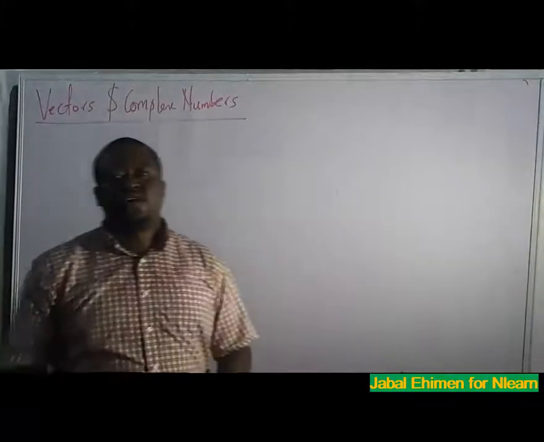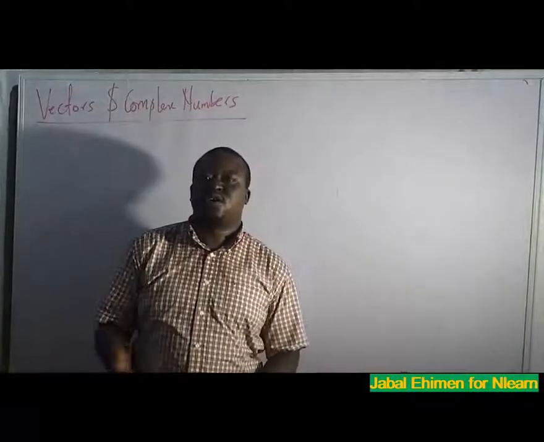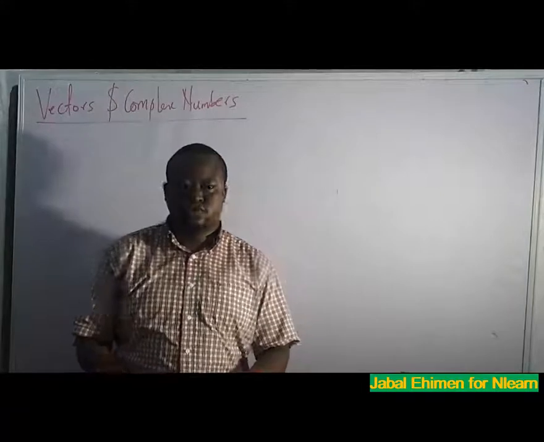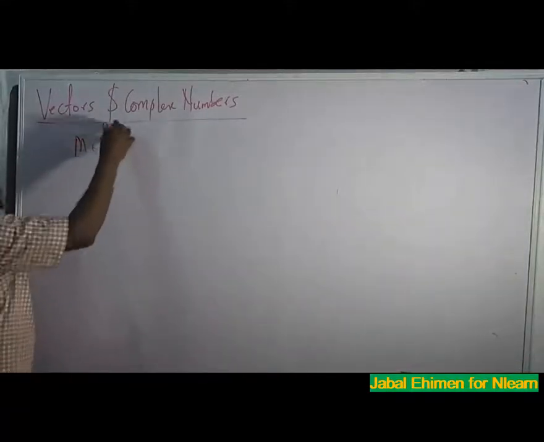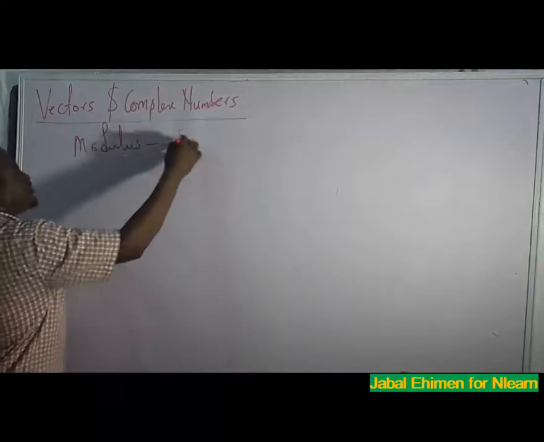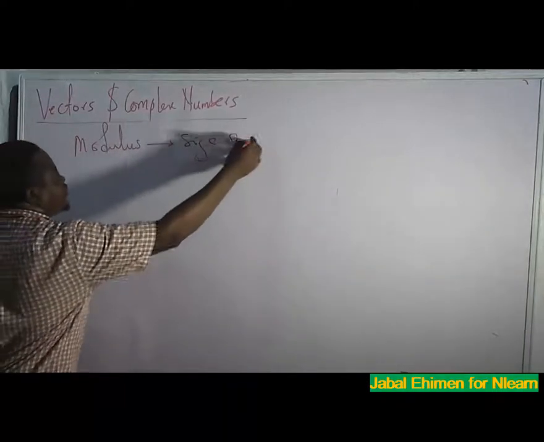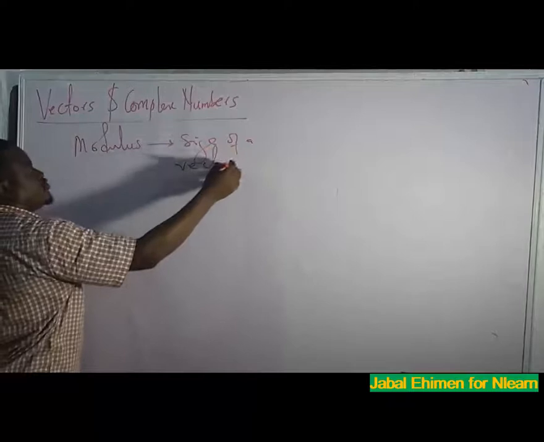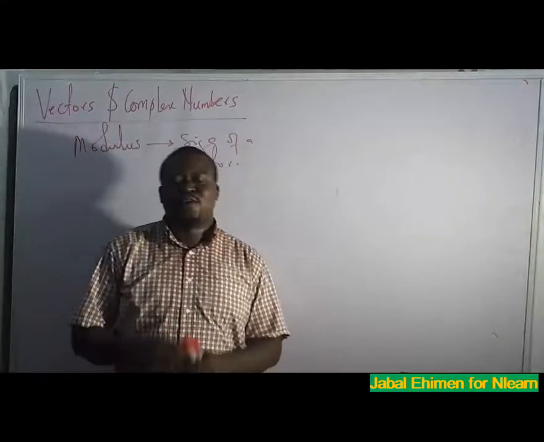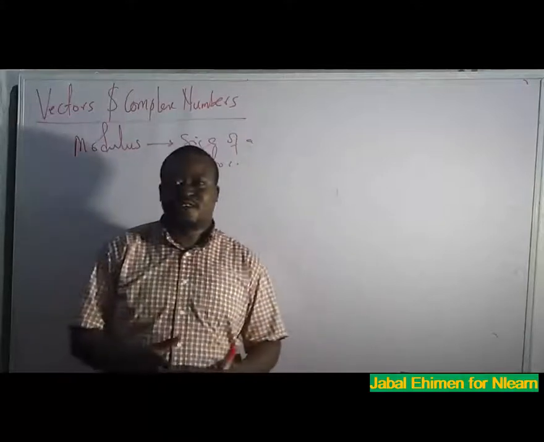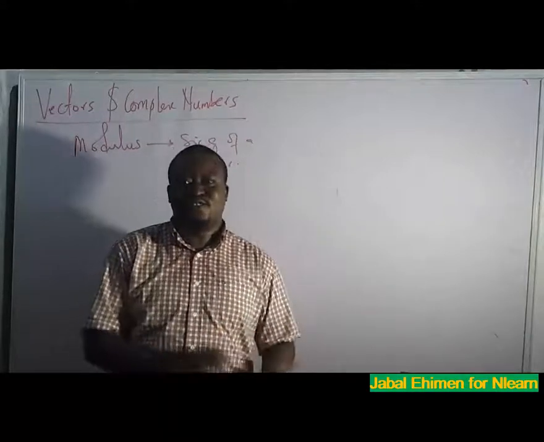First of all, you must understand something we call modulus. The modulus is just the size of a vector. The size of a vector is the modulus. So when you want to calculate the size of a vector, you call it the modulus of the vector.